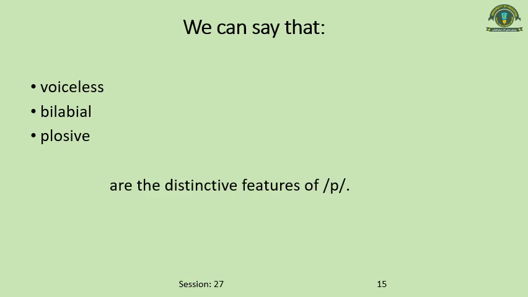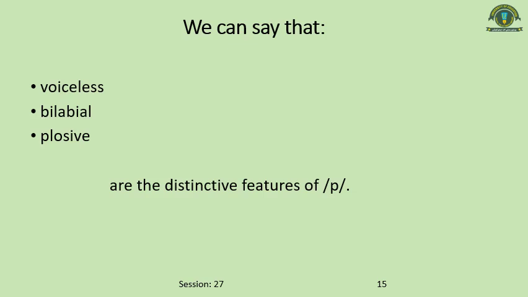But first of all, we tried to understand what features are. So in the beginning we tried to understand what in fact is a feature, and then what is the distinctive feature of each and every phoneme. And after a detailed analysis, we are in the position to say that voiceless, bilabial, plosive are the distinctive features of /p/.